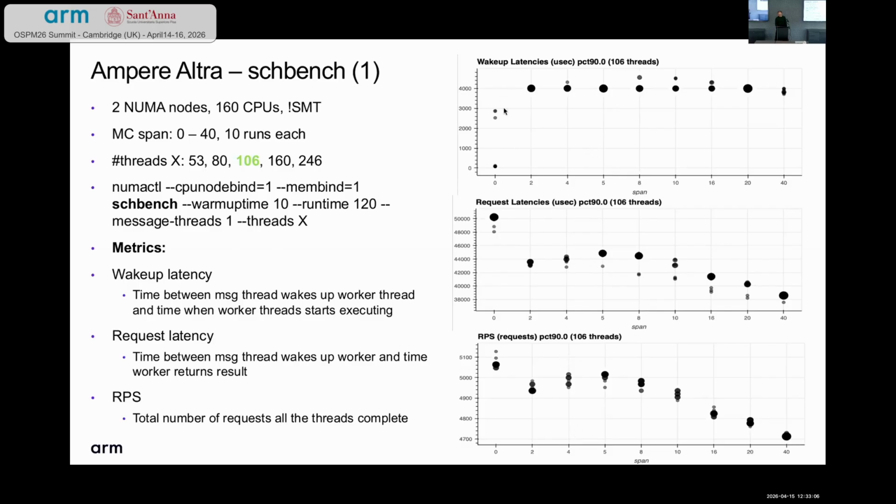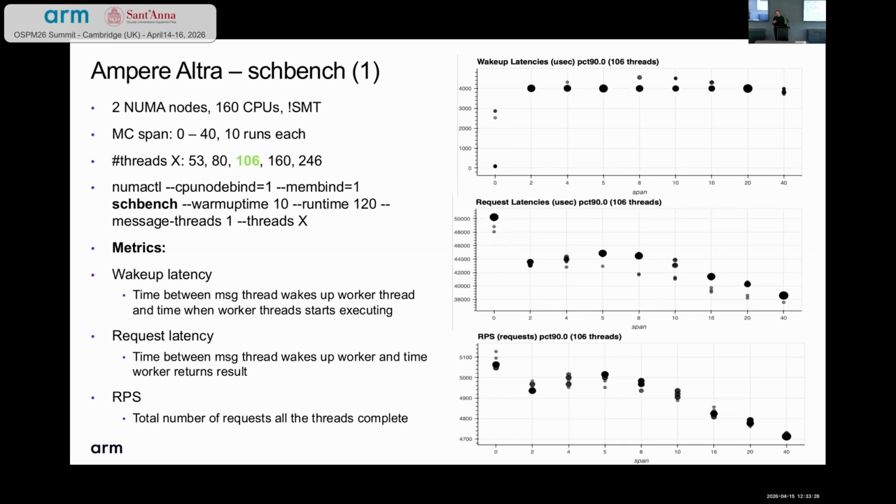Noticeable here is if you have 0 CPUs, so there's no MC domain, obviously the wake-up latency is very small because you don't look for an idle CPU. Request latency is higher, so that's probably telling you you don't do the best scheduling decision, but also RPS is high.